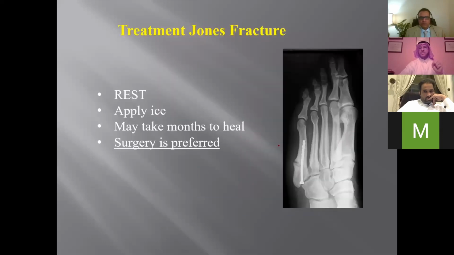The treatment is surgery. This is the main difference to know, and you should know it to differentiate between the Pseudo Jones and Jones fracture. So surgery is preferred here for Jones fracture.